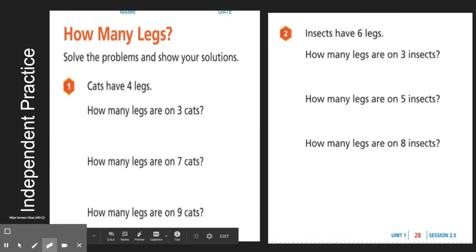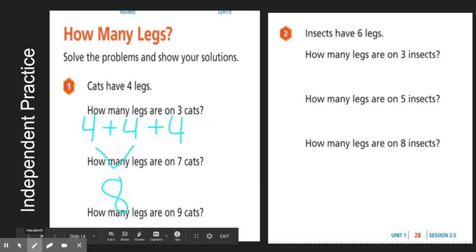You can also just say, I'm going to add 4 3 times. 4 plus 4 plus 4. If I know that 4 plus 4 equals 8, I can solve what 8 plus 4 is. I'm going to bring that 4 down. 8 plus 4 is 12. So there are 12 legs on 3 cats.